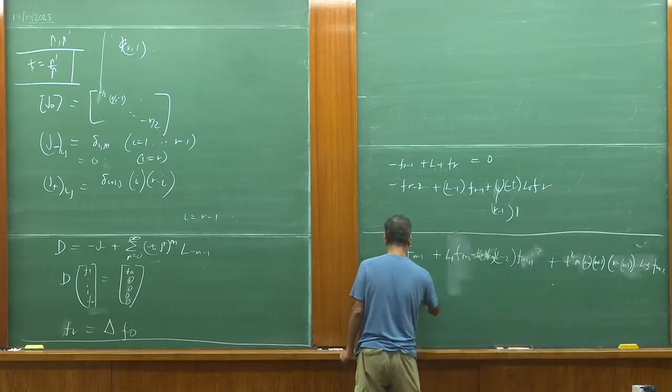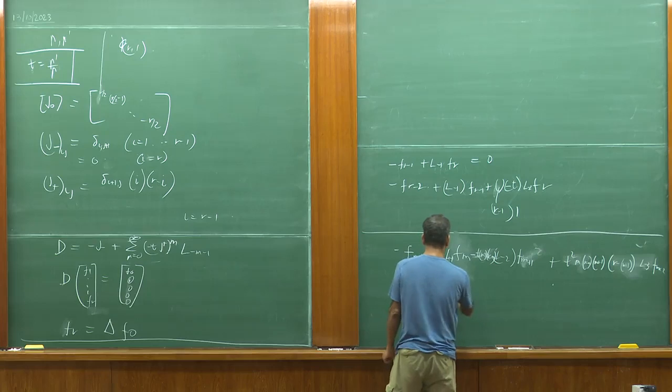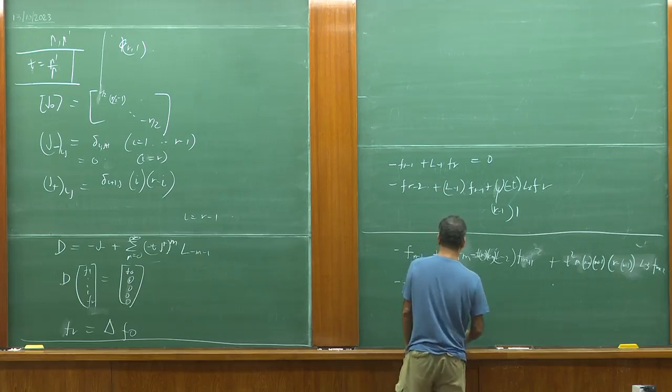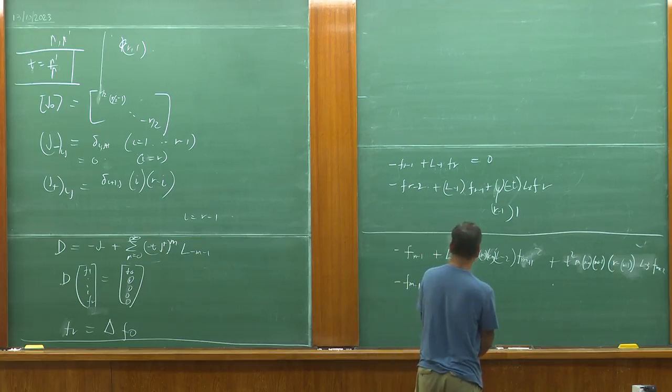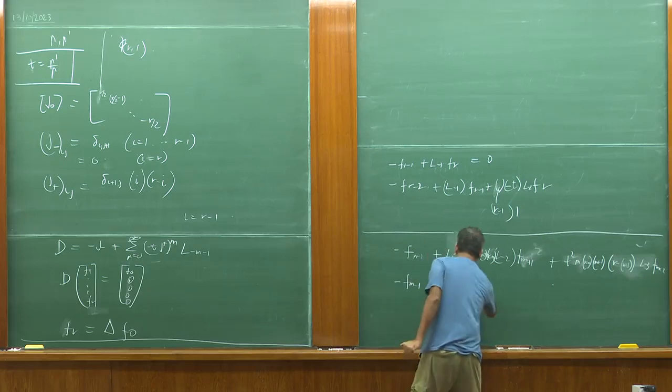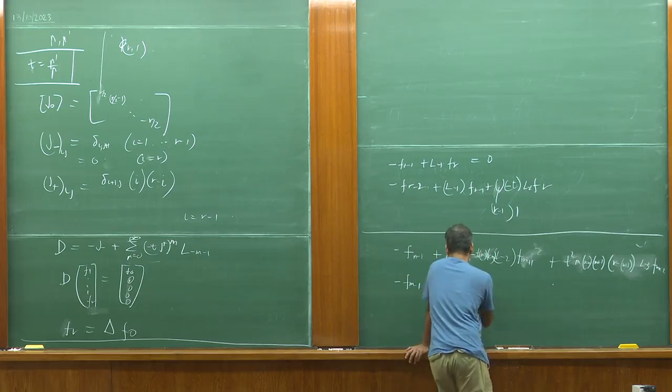Okay, so let's write that down. So that's minus f m minus 1 plus sum over L of, let's say, let's do the sth term.